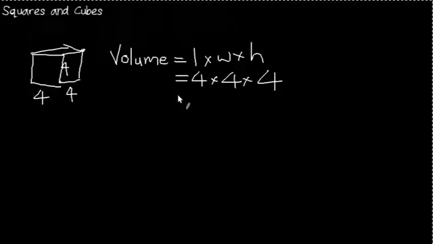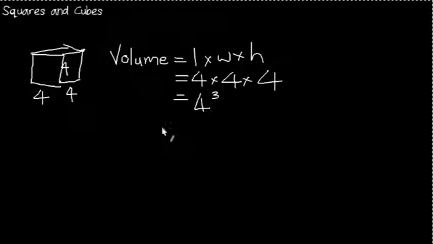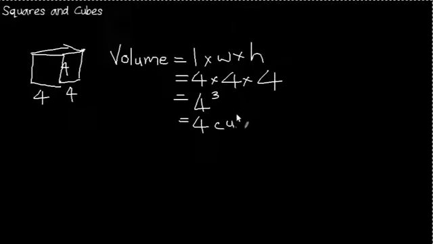Just as with the square, we could write this using the exponent or index notation, so instead of 4 to the power of 2, since we have three 4s multiplied together, it's going to be 4 to the power of 3. And instead of writing 4 to the power of 3, we can also use the common term, and that would be 4 cubed.